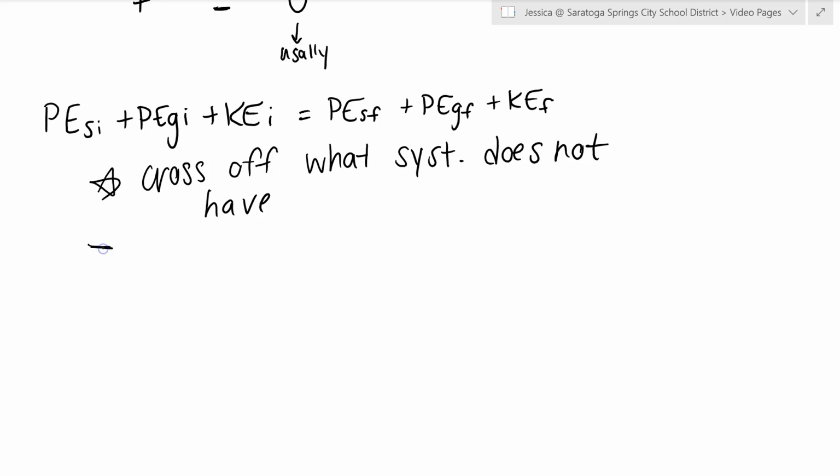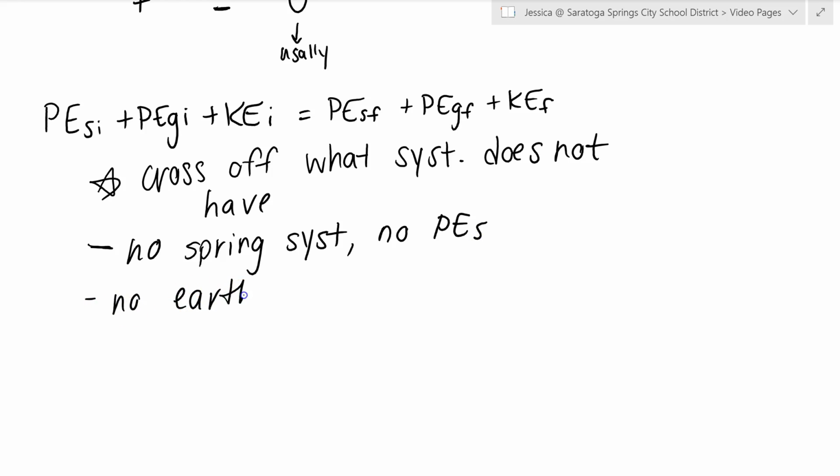So even if there's a spring in the problem, if there is no spring in the defined system, then there is going to be no spring potential energy. If there is no Earth in our defined system, then there is no gravitational potential energy.